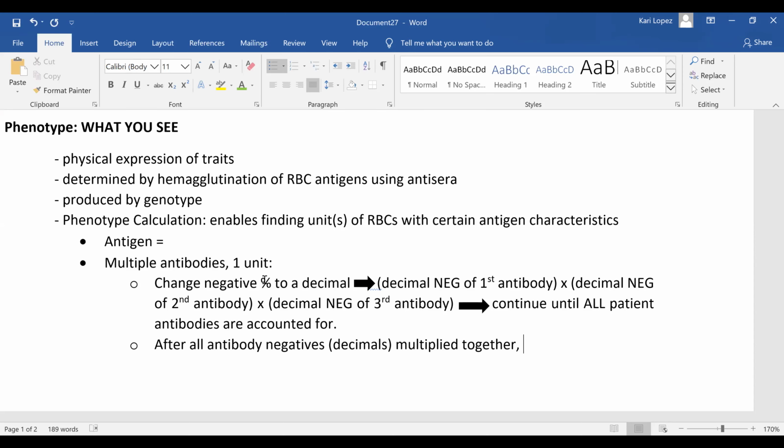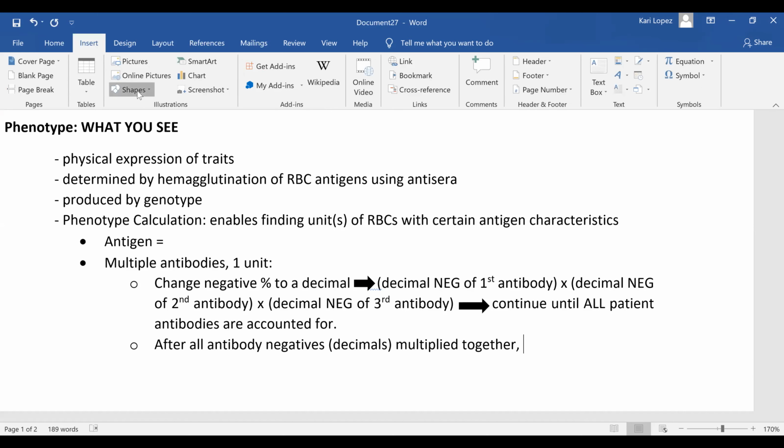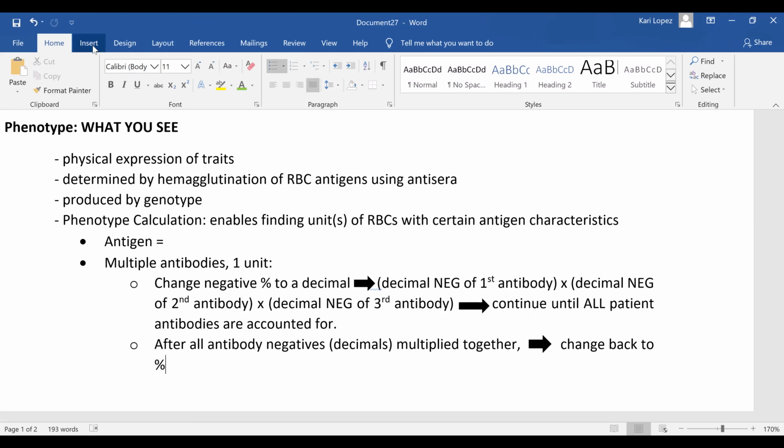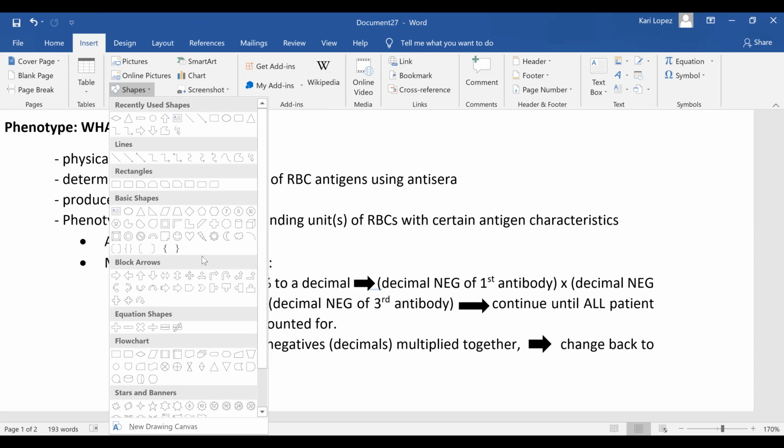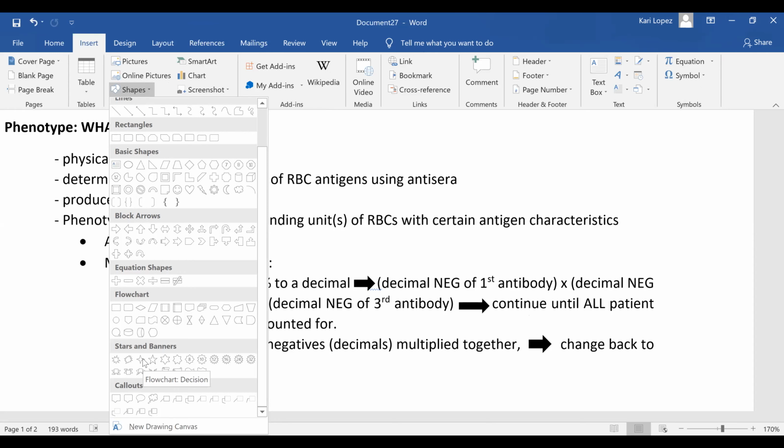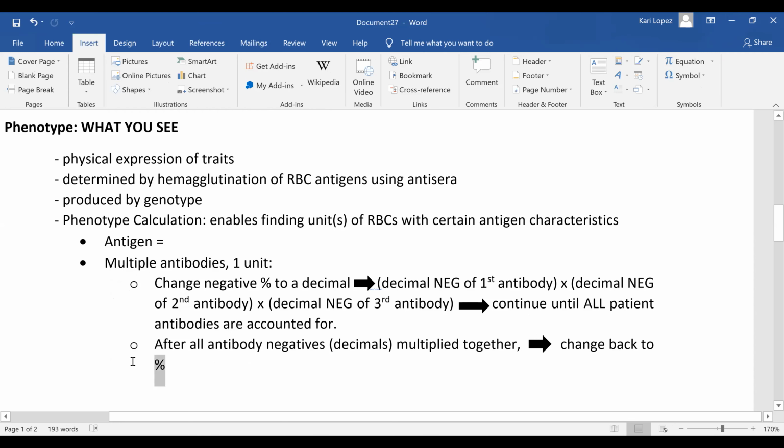So after all the antibody negatives in decimals are multiplied together, you change it back to a percent.